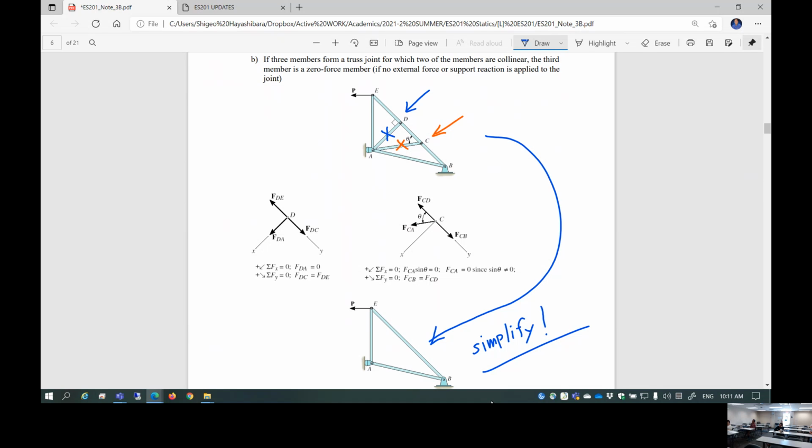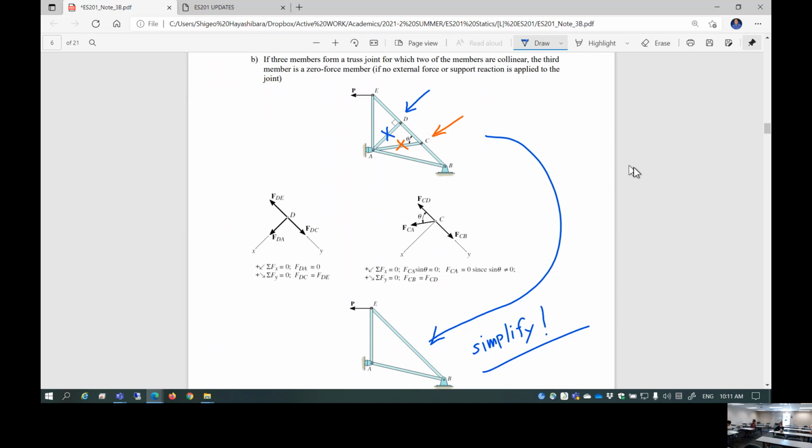Okay? Now, from the perspective of a professor, it's easy to create 0 force members. Make it look like, hey, this is a monster truss problem, but most of them are 0 force members. I can easily create such an example. Okay? And then you can use those 2 techniques to eliminate 0 force members.